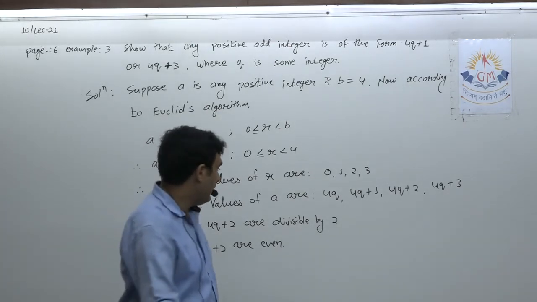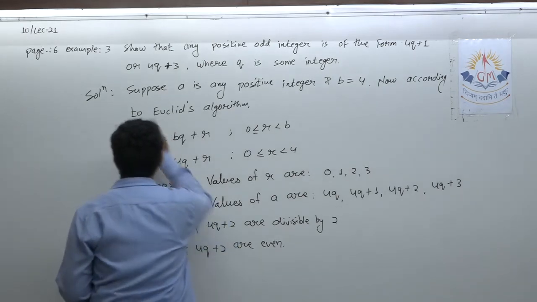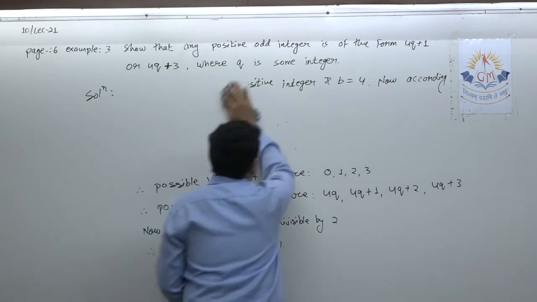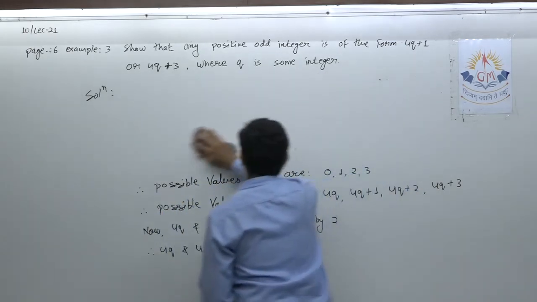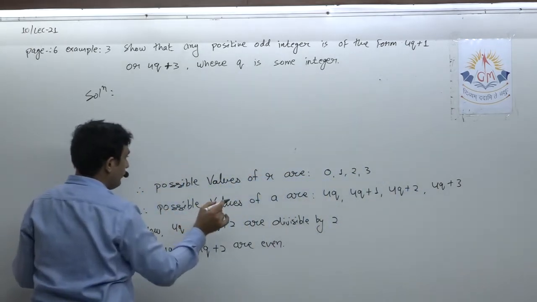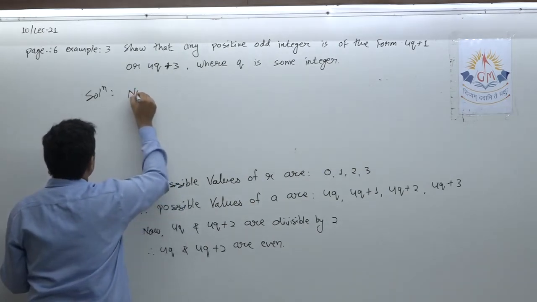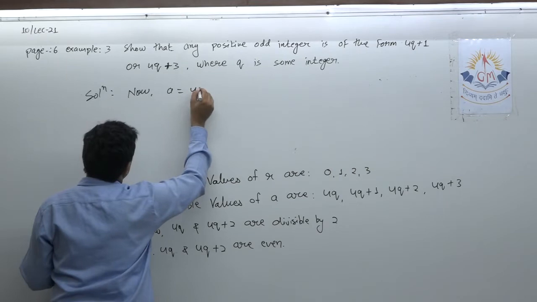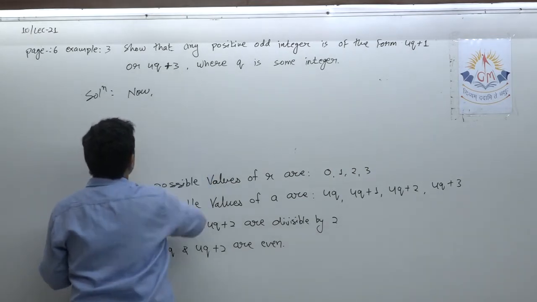Okay, now let us see how to solve it further. We'll take these two cases separately, that means 4q plus 1 and 4q plus 3.